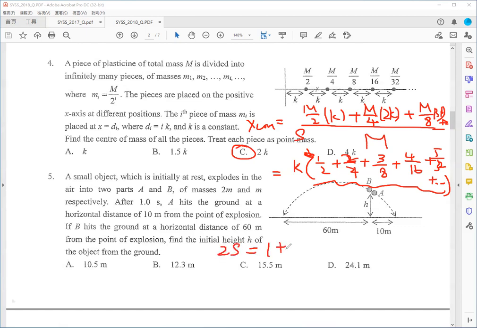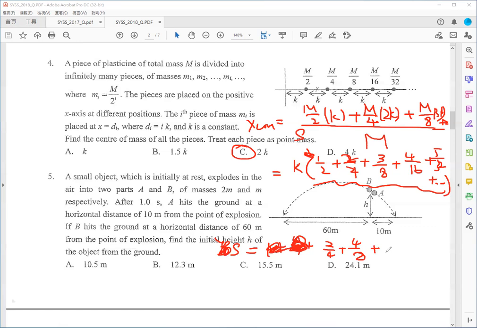So you get 1 divided by 1 plus... 1 I just write as 4 over 4... So I rewrite the series like this. 1 over 2 I rewrite as 2 over 4, 2 over 4 I rewrite as 4 over 8.